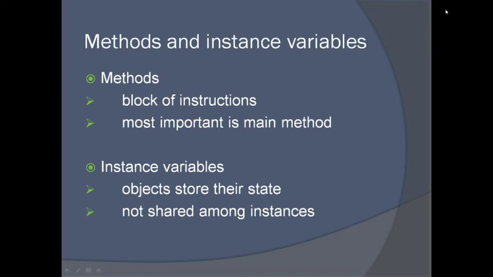Now, instance variables are the variables which are used by objects to store their states. They are defined without the static keyword. Also, they are called so because the values are instance specific and hence not shared among the instances, which means that if a class has multiple instances, each instance will have its individual copy of the instance variable.